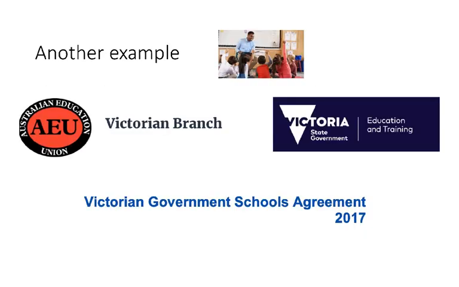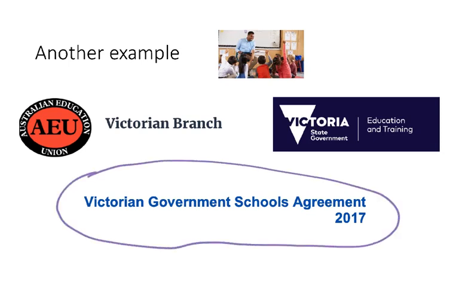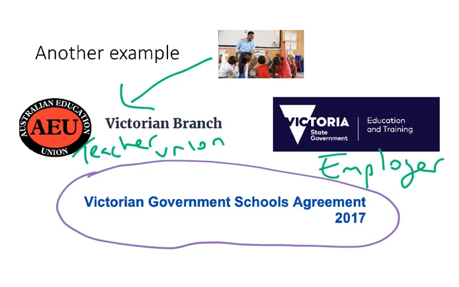Alright, so another example for you that you can use, still the coronavirus issue, is obviously the Victorian Government Schools Agreement, which teachers, principals and teachers' aides are on, and the office staff. Teachers have the AEU as their union, and of course the Victorian Government, the Department of Education and Training, is our employer.